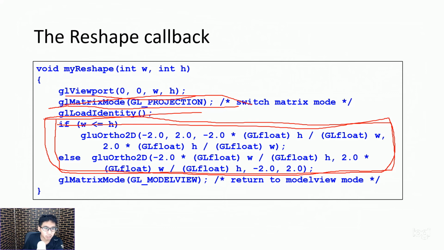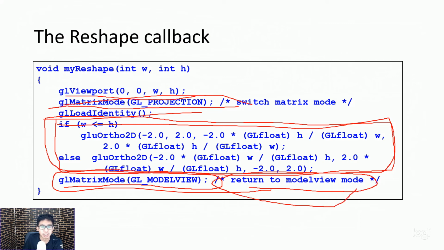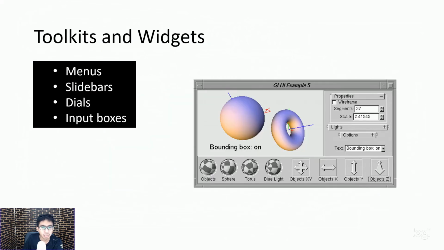And then call glMatrixMode back to GL_MODELVIEW, so we return to the model view mode. This is where we actually see the object in original proportion.